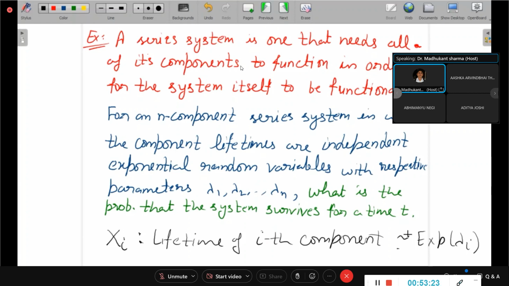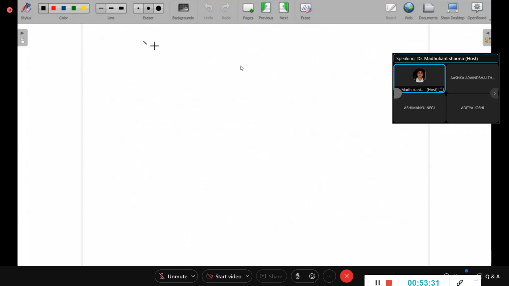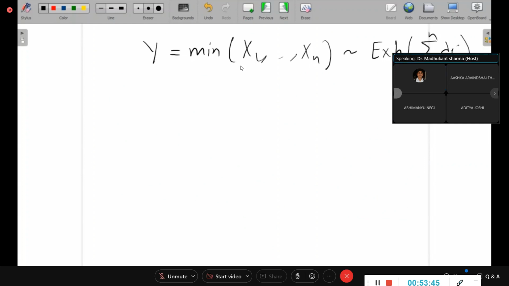So this is why here you are going to work with y equals the minimum of x1 to xn, which will follow the exponential distribution with parameter the summation of lambda i, i equals 1 to n, as we have just seen.